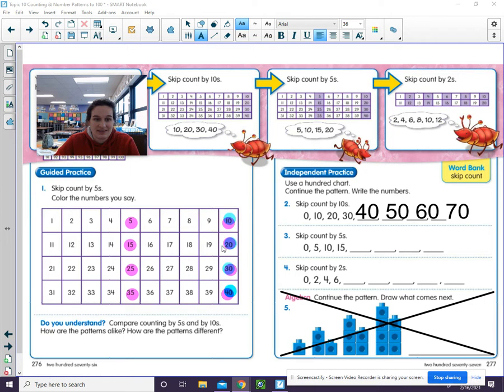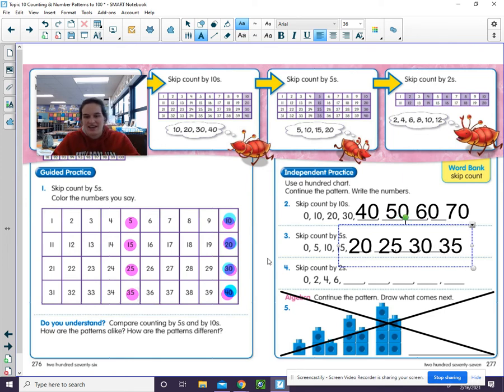What comes next? 20. What comes after 20, when you count by fives? 25. You can see that on this chart here. What's next? 30. Then what comes after 30? The 35. Yeah.